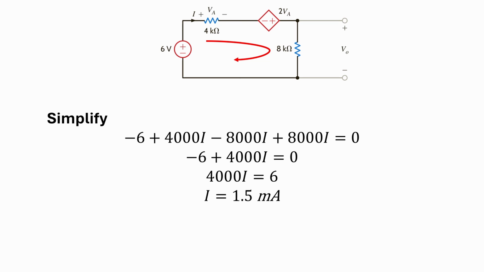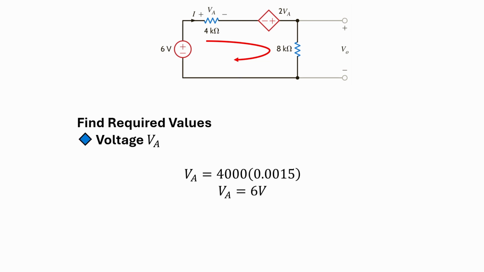Moving things around, we find that the current I is exactly 1.5 milliamps. To finish it off, we plug that current back into our original Ohm's law equation to find that the voltage V sub A is 6 volts. And that is how you solve a circuit with dependent sources. It's all about finding that relationship between the controlling variable and the source itself.